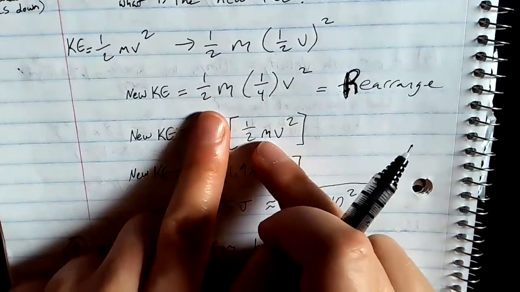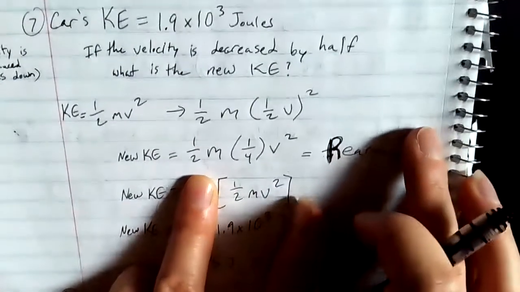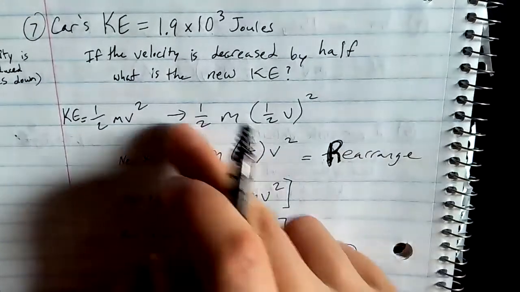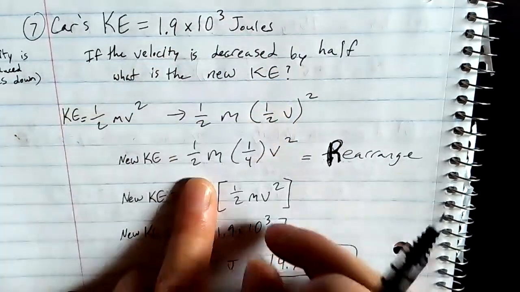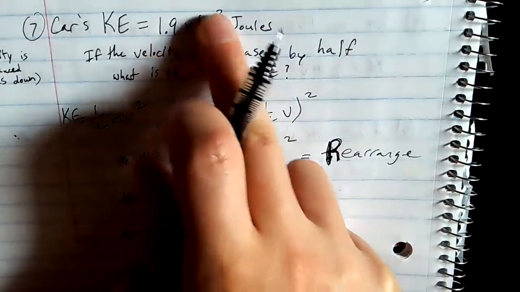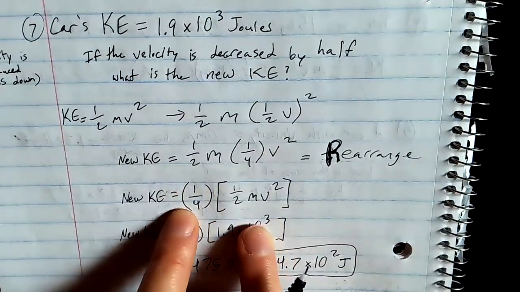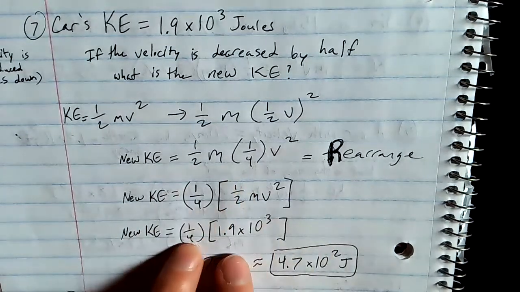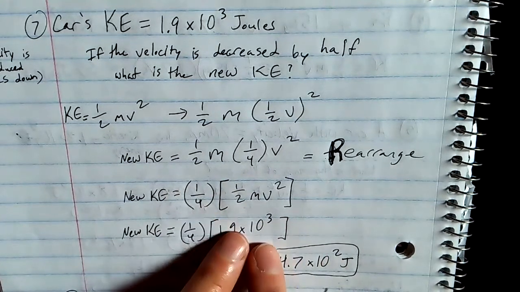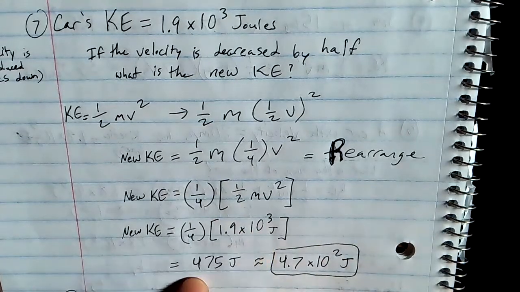And now we can plug in the original kinetic energy into this equation. And we know that the original kinetic energy was 1.9 times 10 to the third power. So you can substitute that into this equation now. So now we have the new kinetic energy is equal to 1/4 times the original kinetic energy, 1/4 times 1.9 times 10 to the third power joules.